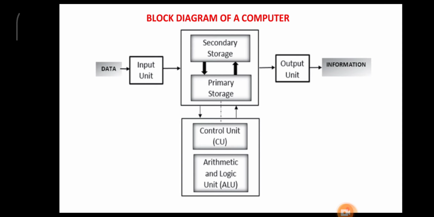Now what does this control unit do? The control unit will check whether all the components are connected properly. It will check whether there is a loose contact with the keyboard or mouse or other ports that are available. So the control unit basically manages the connection part of all the components involved, and immediately passes on the control to the arithmetic and logical unit.